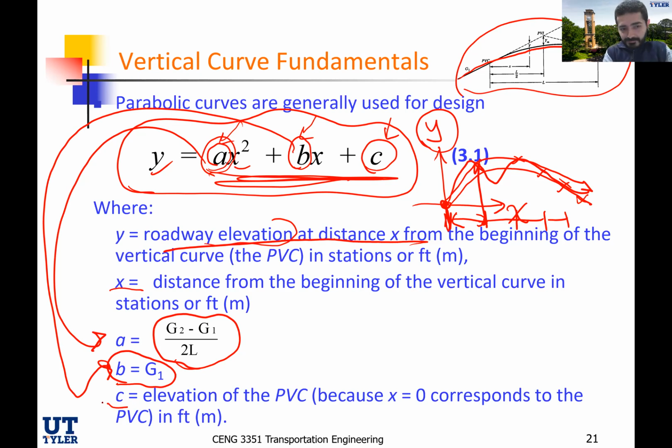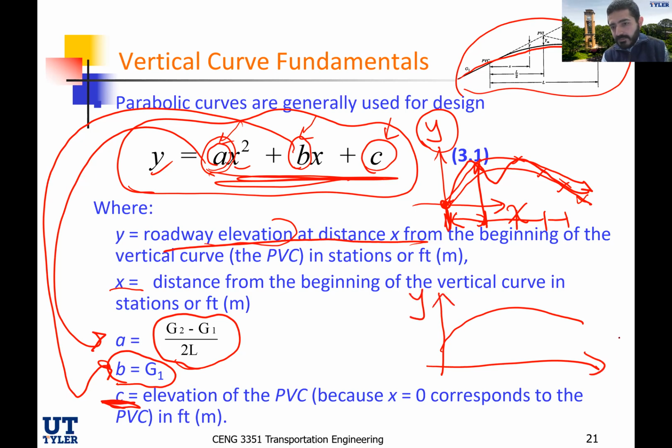C, this is now the elevation of the PVC point, the beginning. Imagine again back to calculus. So if I'm doing, this is the curvature right here. If I'm saying that x is equal to 0, so let's see here. This is y, this is x. And now, you know what? I'm going to go to this equation. Y is equal to ax squared plus bx plus c.